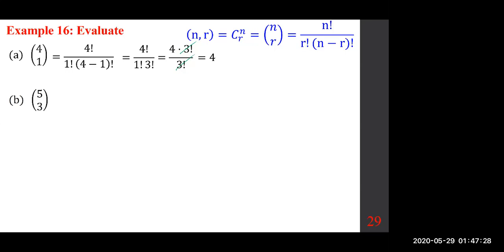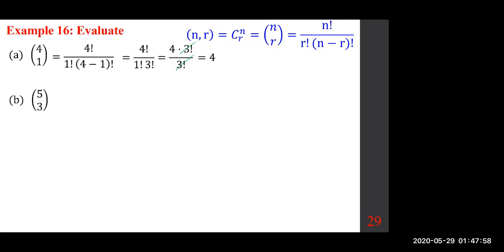Let's look at the next one. Now we are dealing with 5, 3, which means the combination of 5 choose 3.